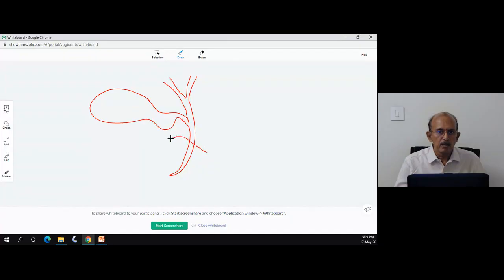And here is the duodenum. Now the stone is here.